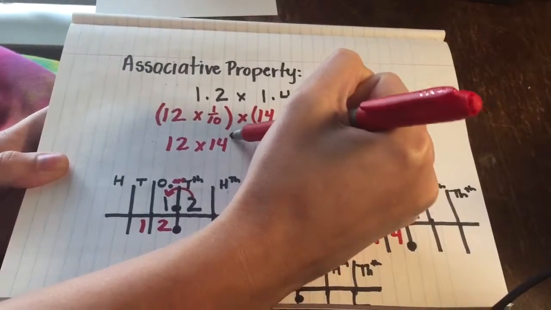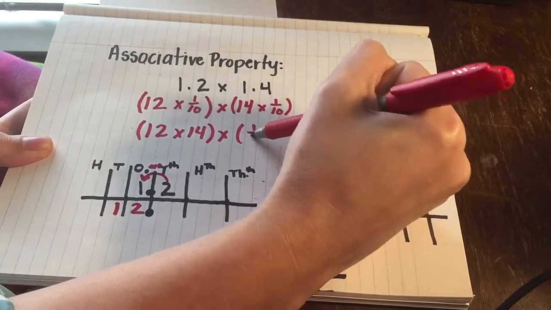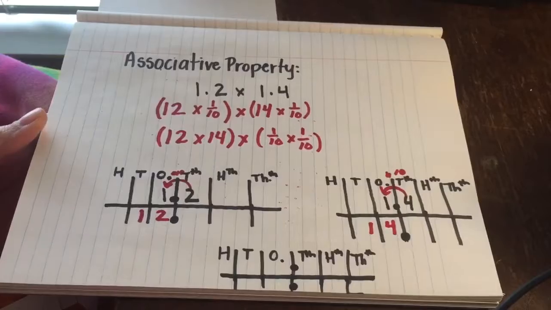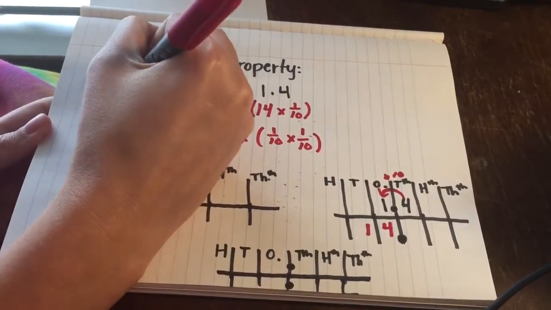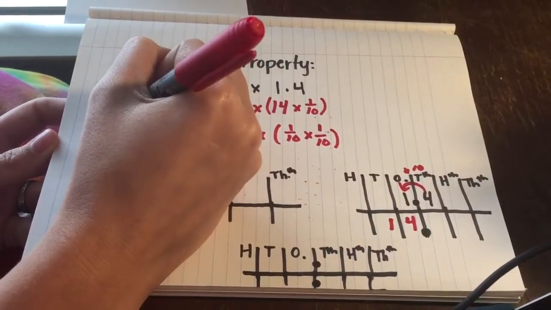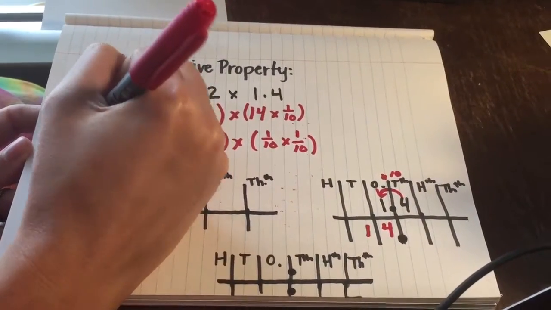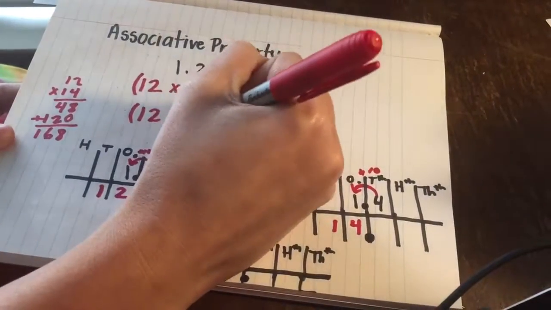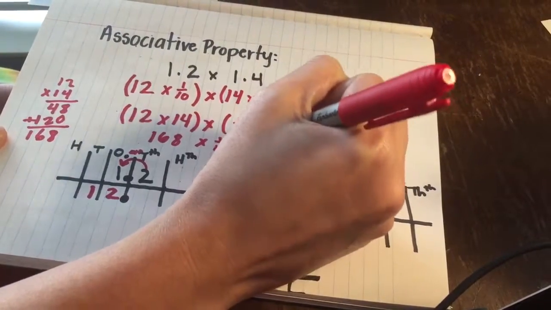So 12 times 14 I'm going to put in my first set of parentheses, and then I'm going to put my 1/10 in my second set of parentheses. 12 times 14, I would use my algorithm off to the side to determine that that equals 168, times 1/10 times 1/10.